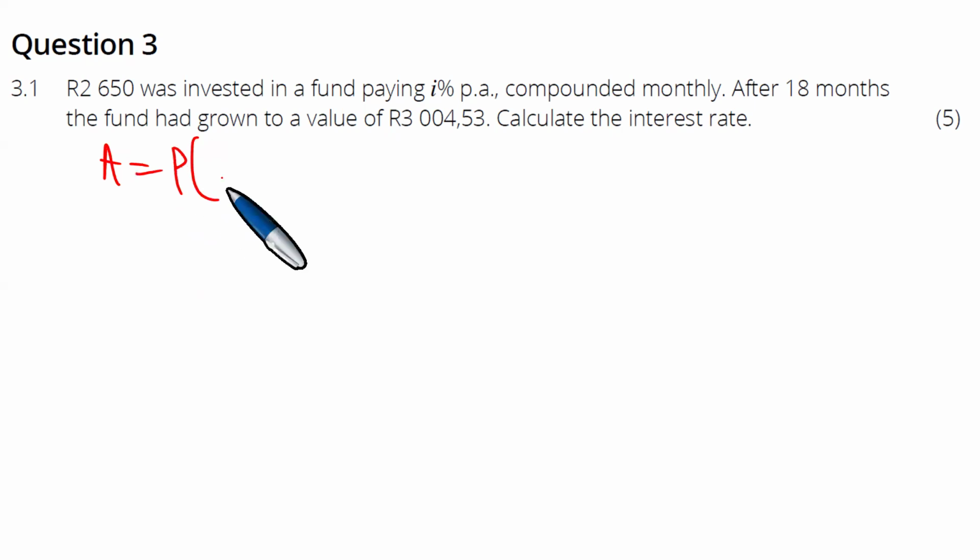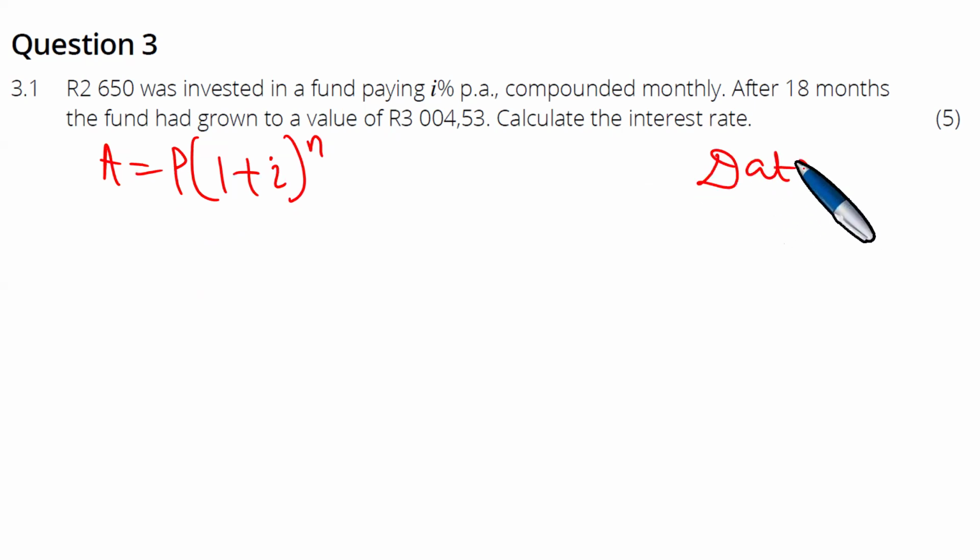Okay, we're going to use this one because it's an investment. Now we need to note down our data. So obviously 2,650 was invested. So the 2,650 that was invested is nothing other than the principal, the present value, which is exactly 2,650, compounded monthly.